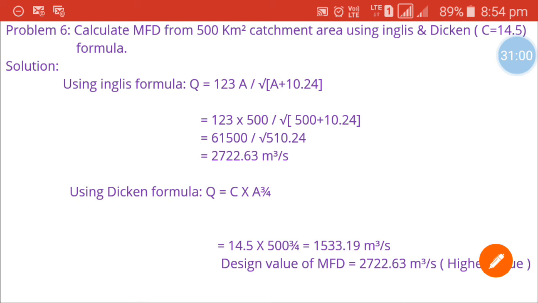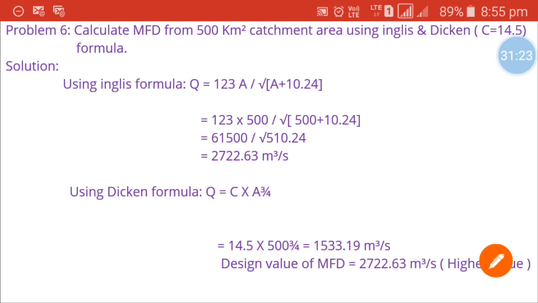First of all, by using English formula, Q is equal to 123 times A divided by root of A plus 10.24. This is a standard formula. In this, A is the catchment area and it is to be written as it is in square kilometer. It need not be converted into square meter.